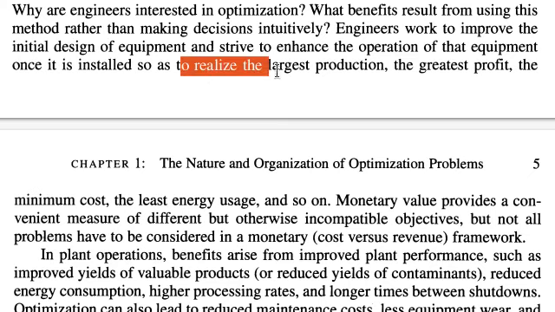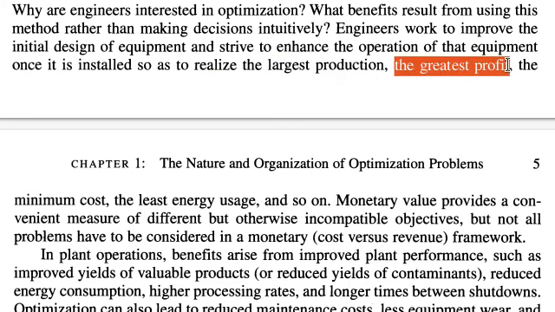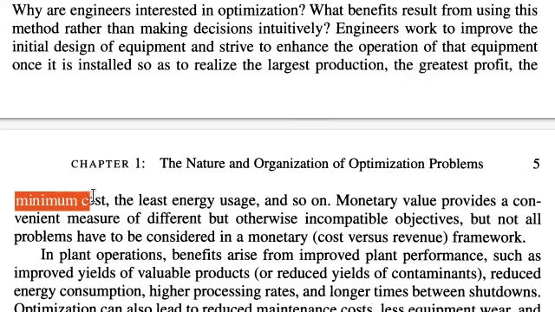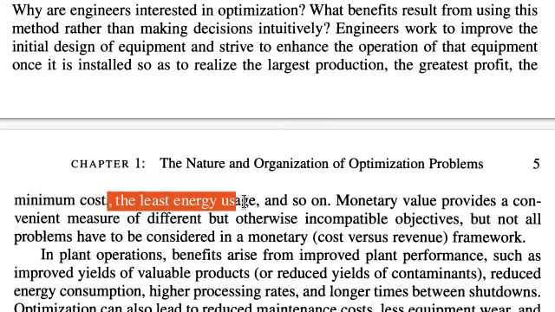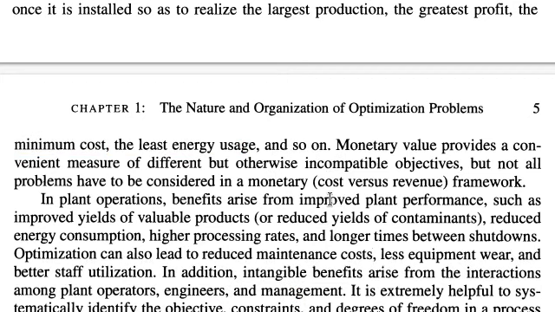To realize the largest production. That is the main aim. And the greatest profit, largest production, the minimum cost, and the least energy use, and so on. There are many aims of any process that you are carrying out, chemical process plant.